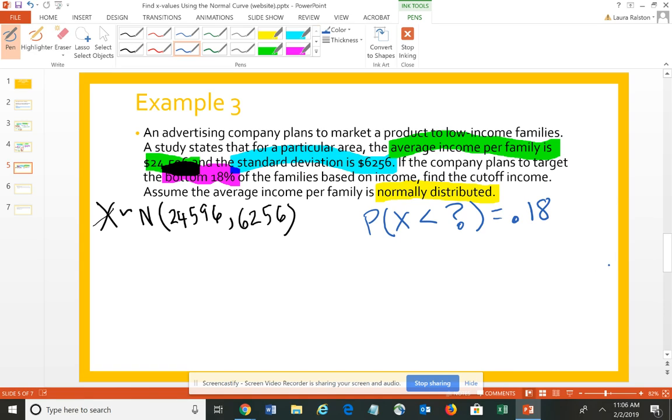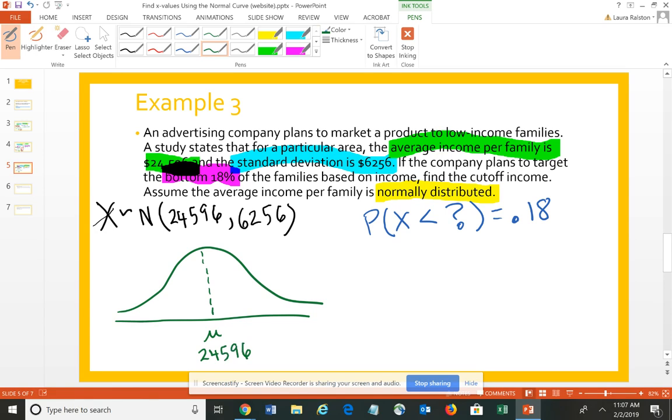Okay, so let's look at a picture. We have our horizontal axis, the bell-shaped curve, and the mean is in the middle, which is $24,596. And we want to exclude the bottom.